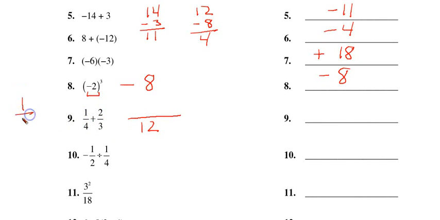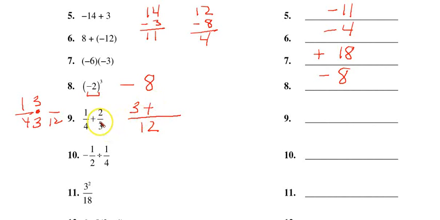So we have 1/4 times what to make it a denominator of 12? Well, it's going to be 3/3, which is a 1. So our denominator becomes 12. 1 times 3 is 3. So 3/12 is an equivalent fraction.